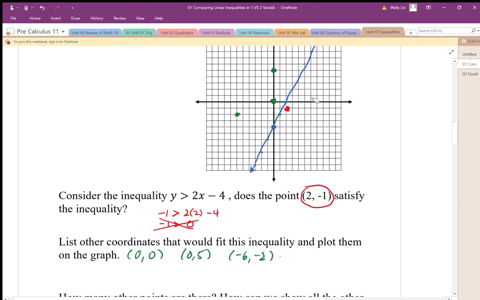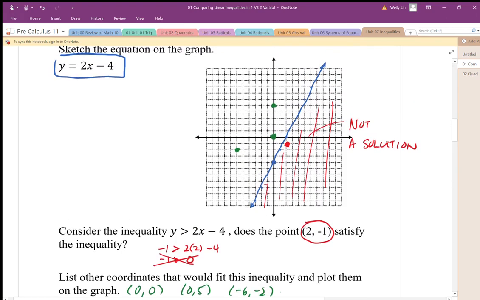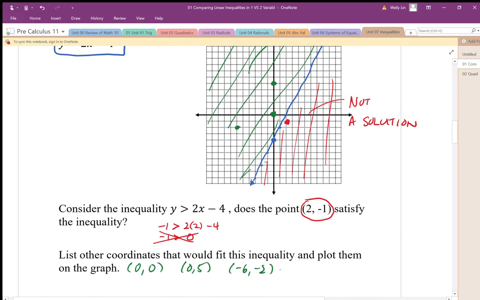If we test any coordinate on this side, every coordinate on this side is not a solution. Whereas every coordinate that I test on this side of the line is a solution. All those coordinates are solutions.